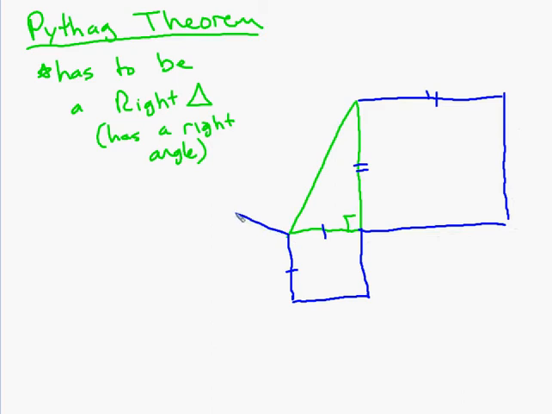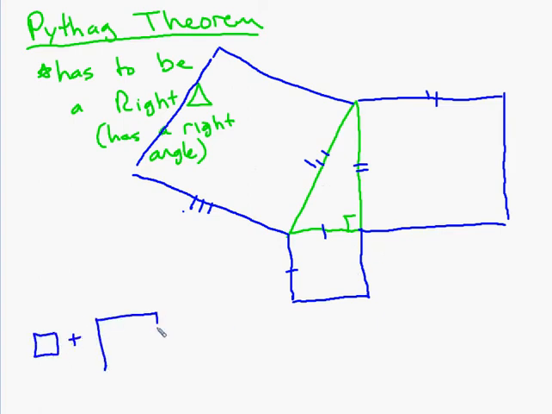And if I took this area and found it, so I have all these areas, I would find that they all add up to the same. So this little box plus the medium box would equal the largest box. That's the whole idea of Pythagorean's theorem.